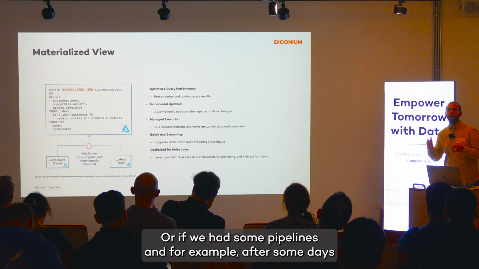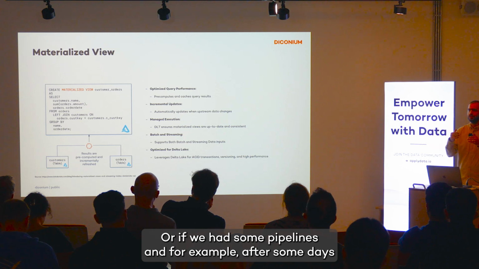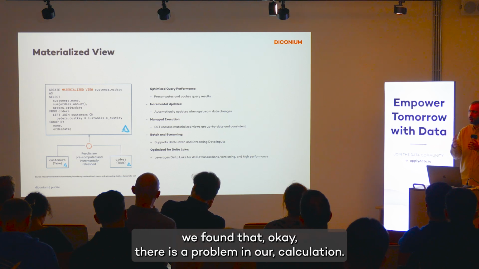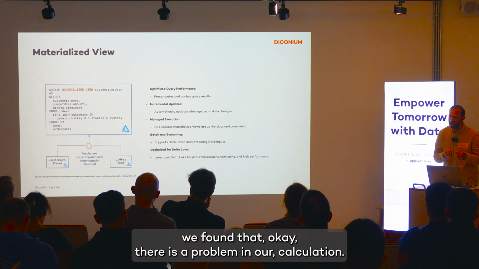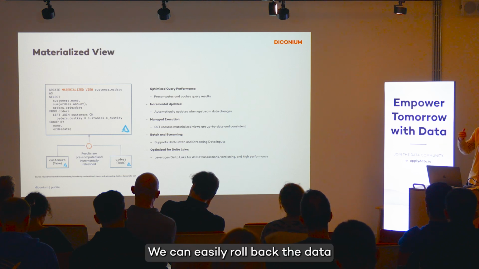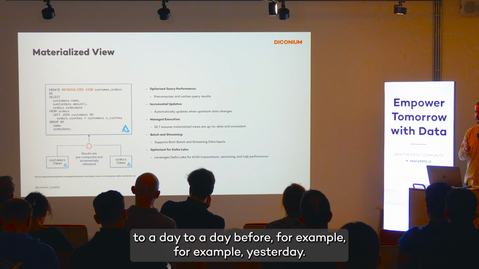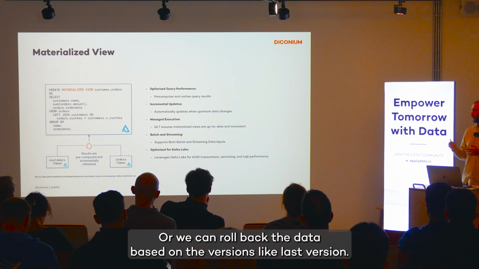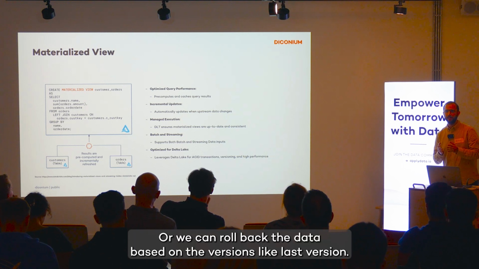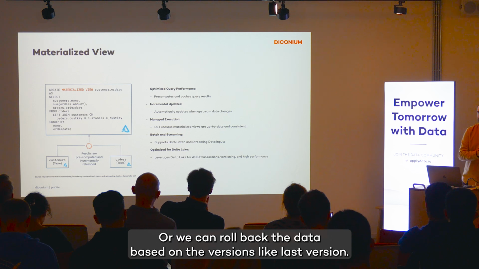Or if we had some pipelines and, after some days, we found that there is a problem in our calculation, we can easily roll back the data to a day before, for example, yesterday. Or we can roll back the data based on the versions, like the last version.